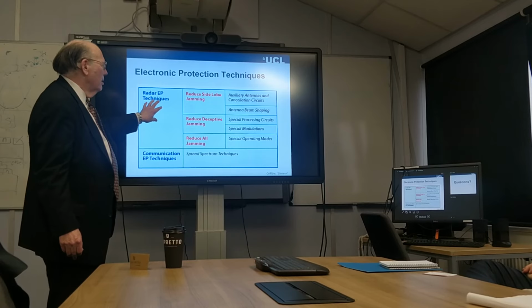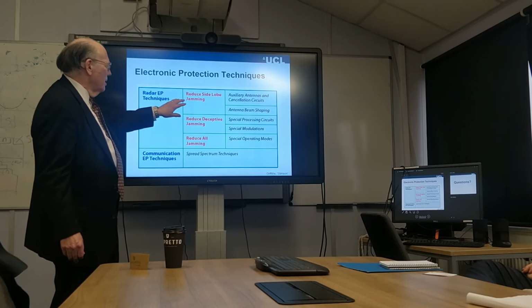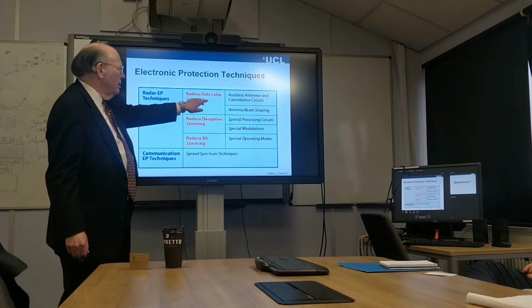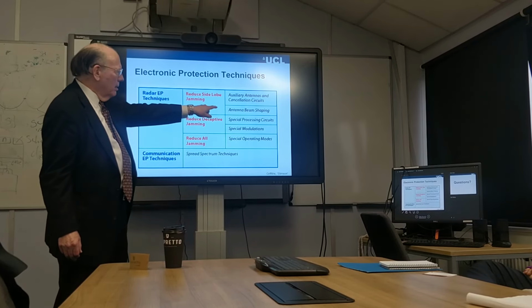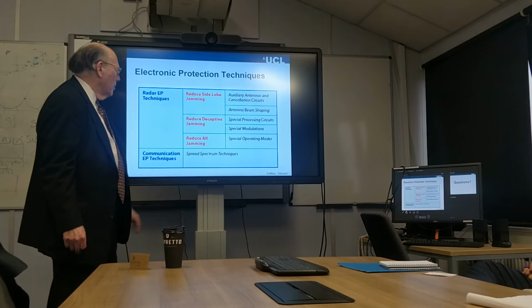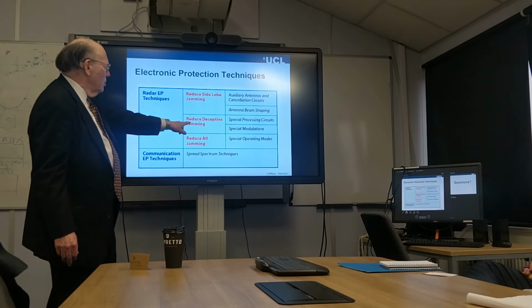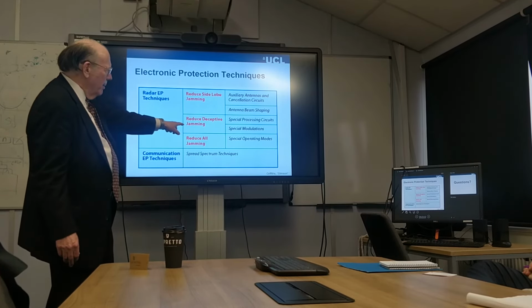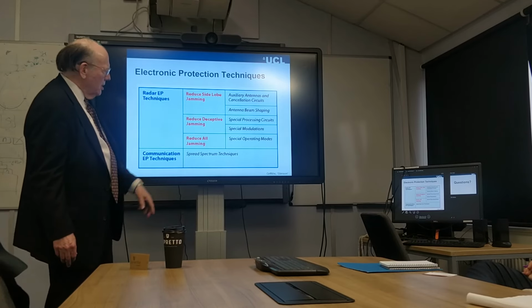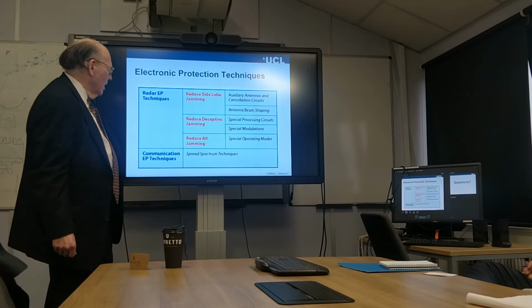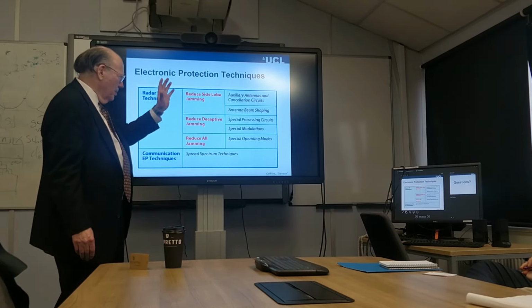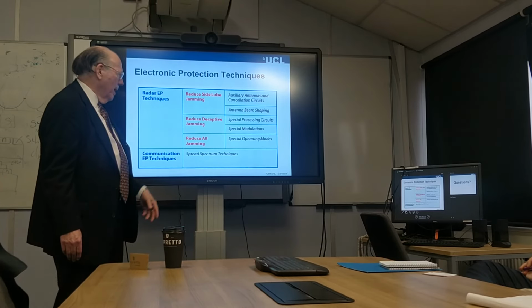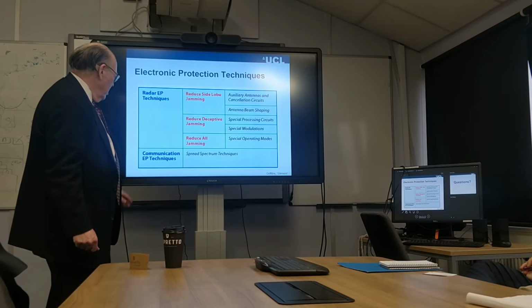In radar, some of the electronic protection techniques are to reduce side lobe jamming using auxiliary antennas and cancellation circuits, or by adjusting the antenna beam. You can also reduce deceptive jamming by special processing circuits or special modulations. And then you can attempt to reduce all jamming by using special operating modes.